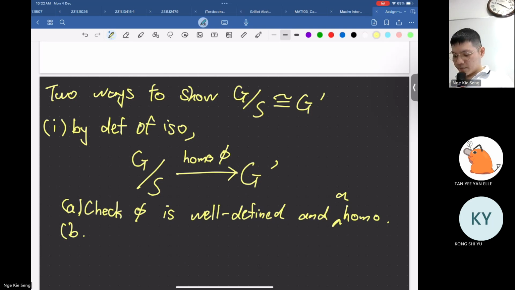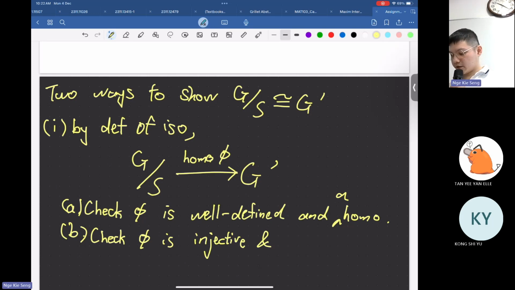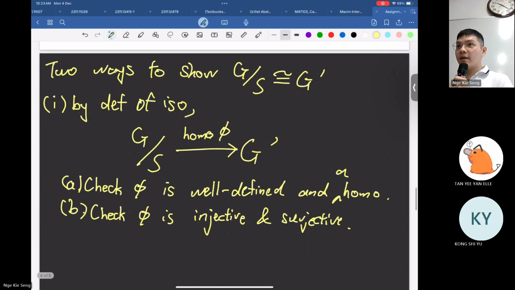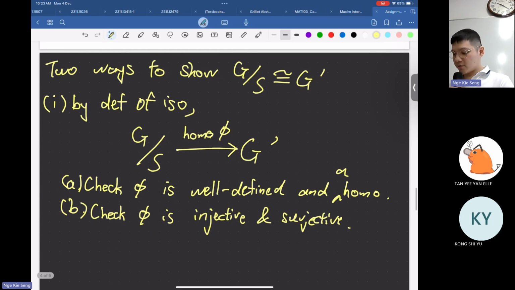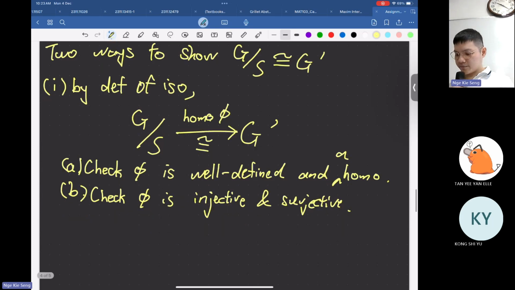B, you check phi is both injective and surjective. Does that make sense? In this way, you have an isomorphism.